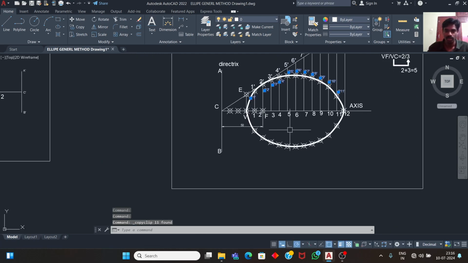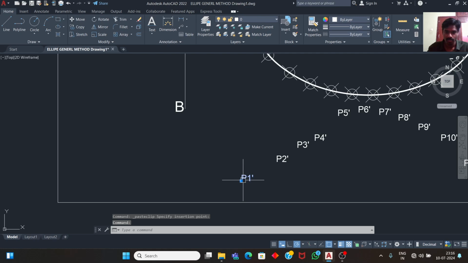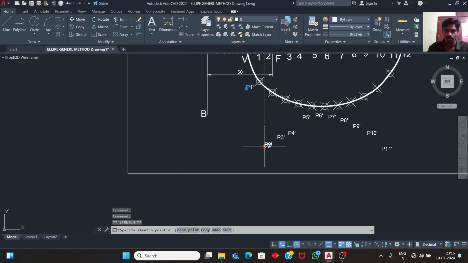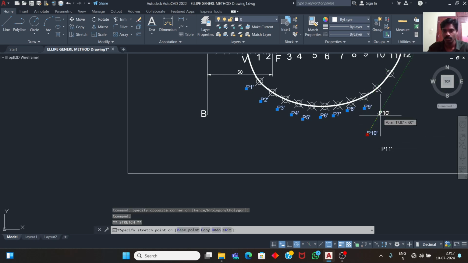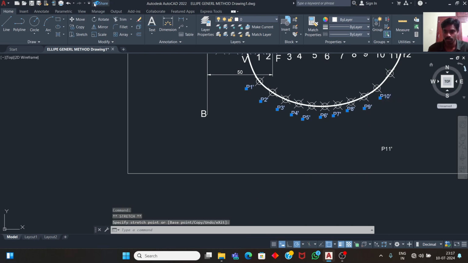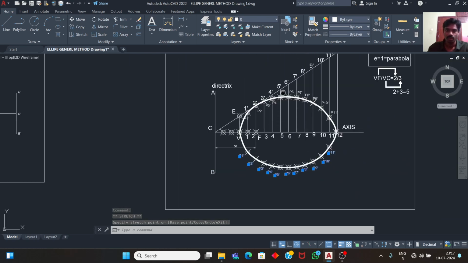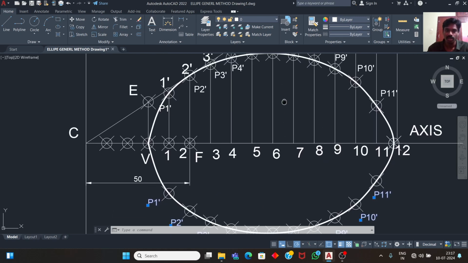Control C. Naming also, give the name. So now the construction of ellipse is over.